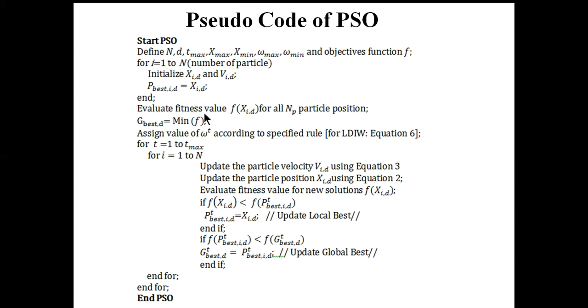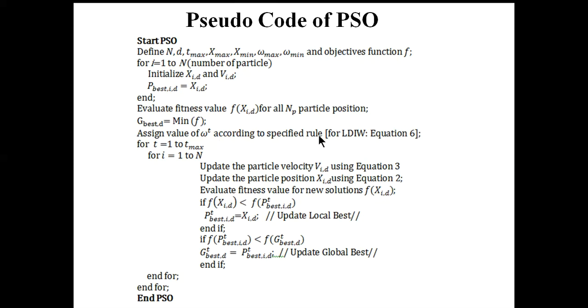Where the minimum fitness value has been found, that is known as the global best solution. So we got the initial particle best or local best solution and the initial global best solution.